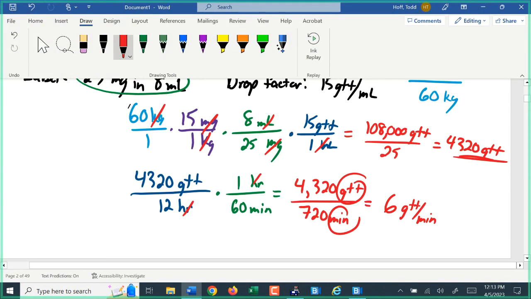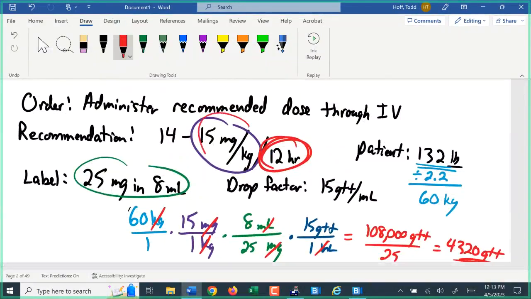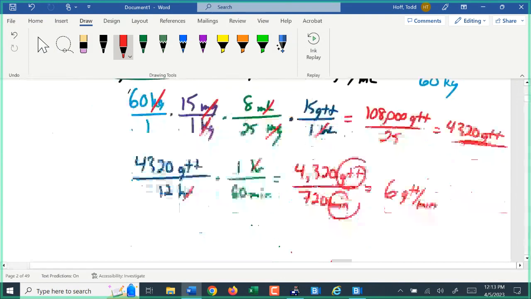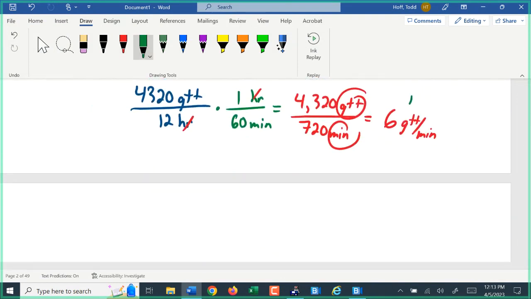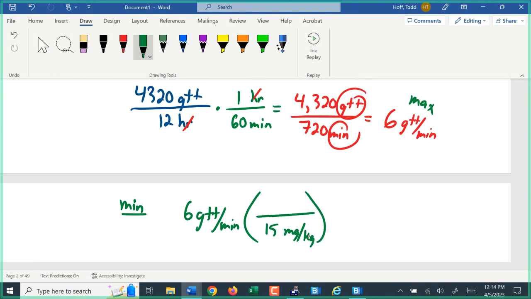And once again, this was the maximum dose. Notice the time frame's already been figured in here, so we don't have to adjust for any sort of time frame. That was the maximum dose of 15 milligrams per kilogram. To titrate for the minimum, we take that 6 drops per minute, at 15 milligrams per kilogram on bottom, and 14 milligrams per kilogram on top.